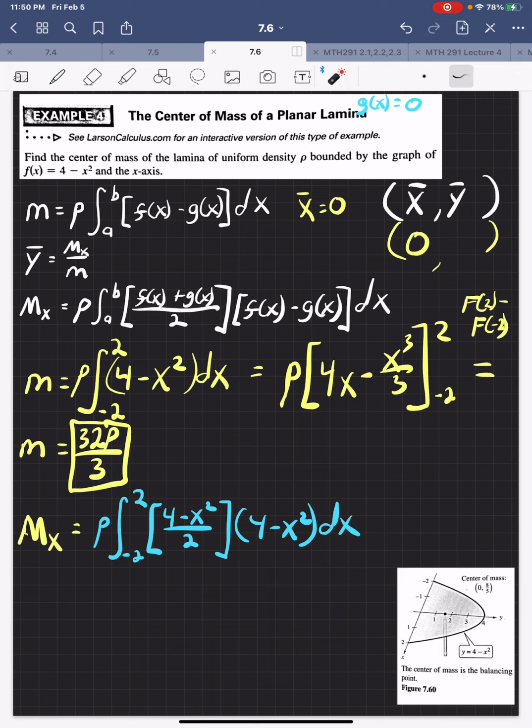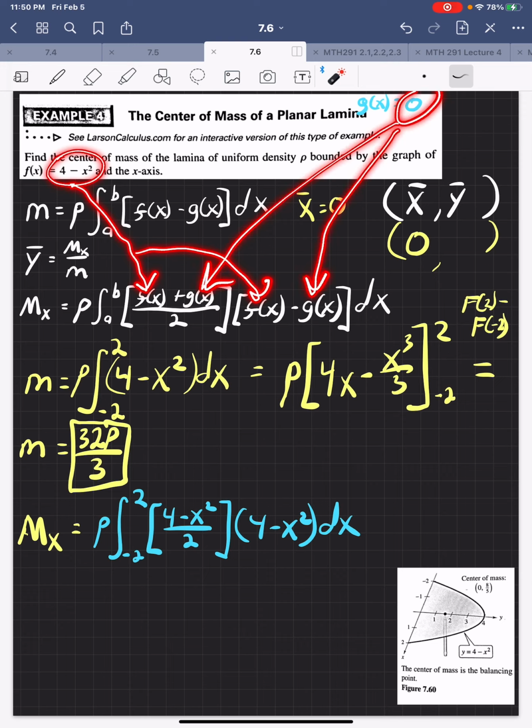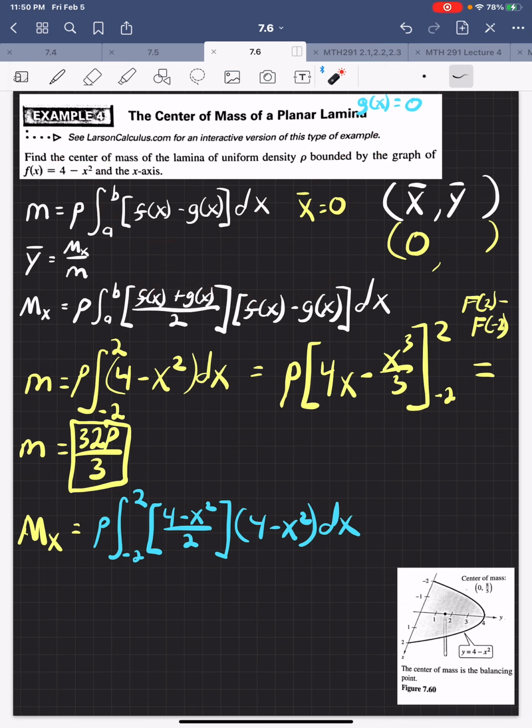Are you with me? Plug 4 minus x squared for f here and here. Plug 0 in for g here and here. All right. So let's just simplify this.